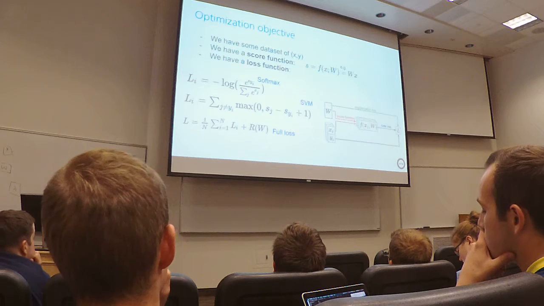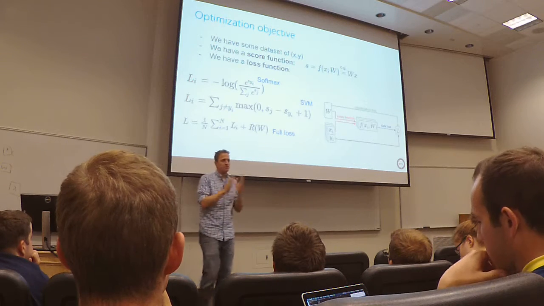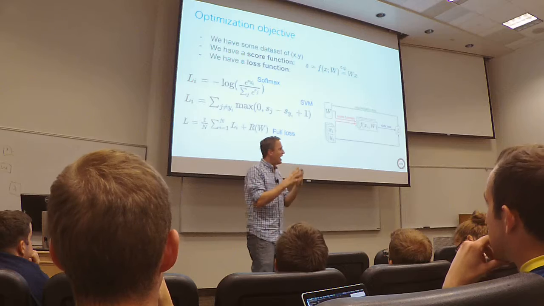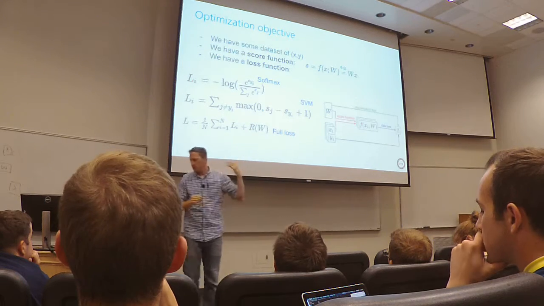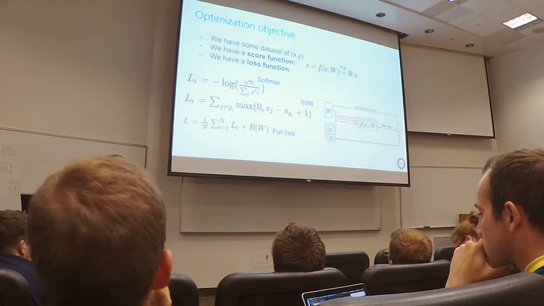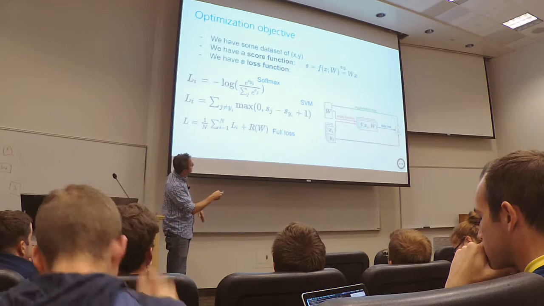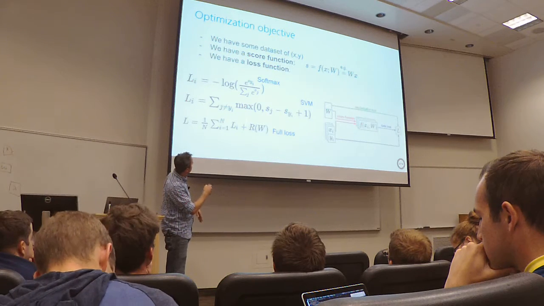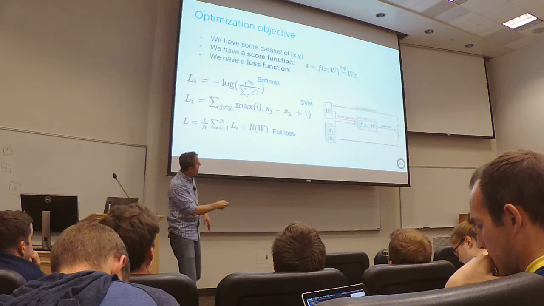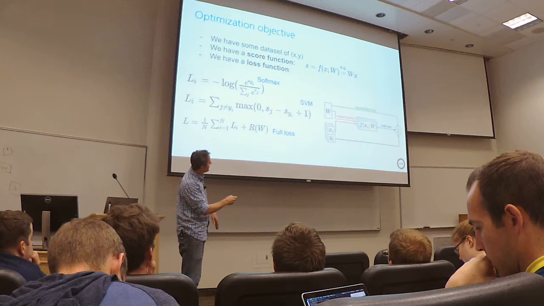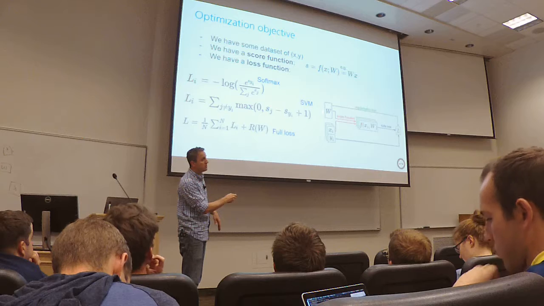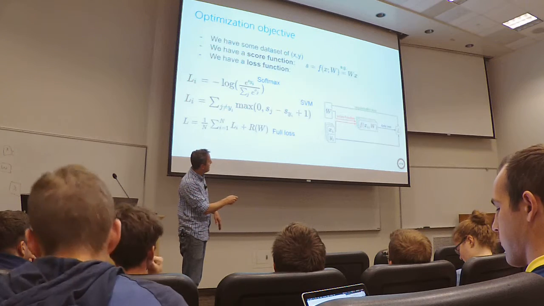Here's the idea. We're going to frame learning as an optimization problem. We'll have some parameters, things like linear weights. We'll have some score function, say linear, and some loss function, say one of these. That'll give us a computation graph that looks kind of like this. We'll have W's, which are weights, things we can tune. We have data.